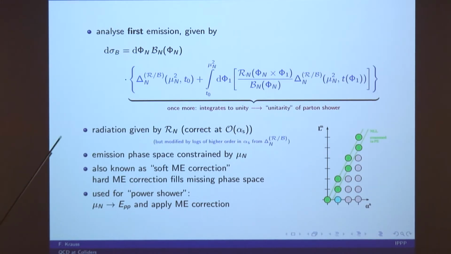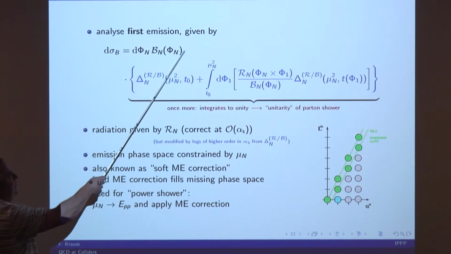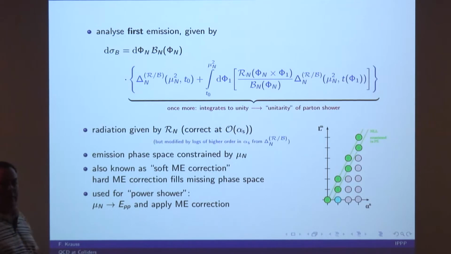So I try to calculate a cross-section, and I start with the Born configuration. And this can contain PDFs or not. It's just a sketch. If it contains PDFs, life is a little bit more complicated, but formally it's the same. Now, for the first emission, I have two options. Either it happens or it doesn't happen.